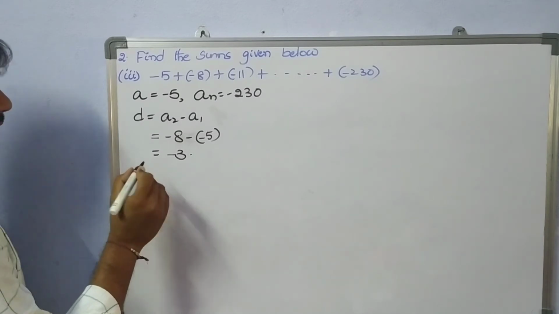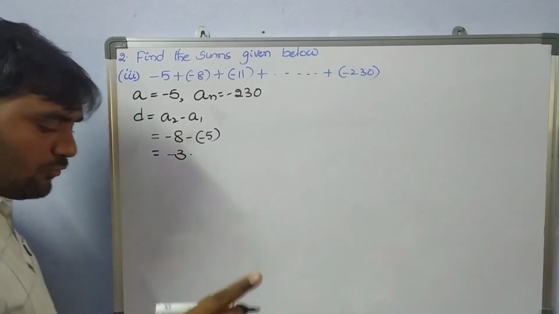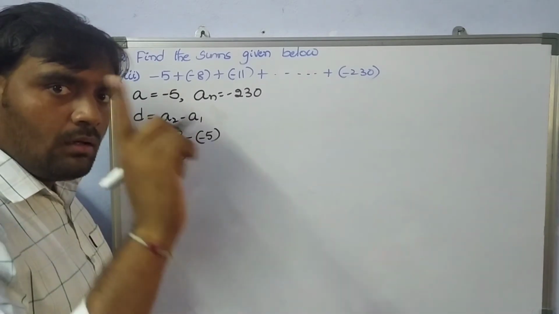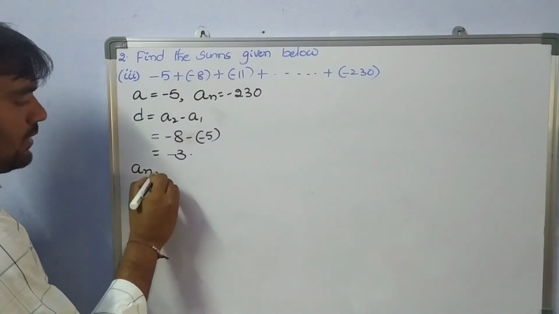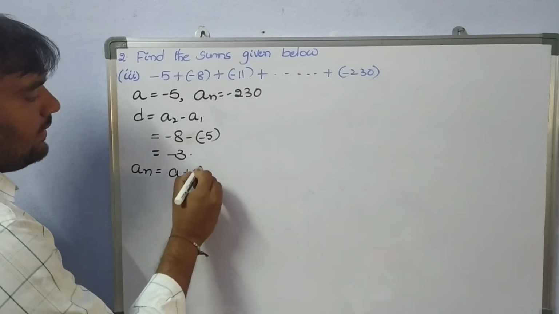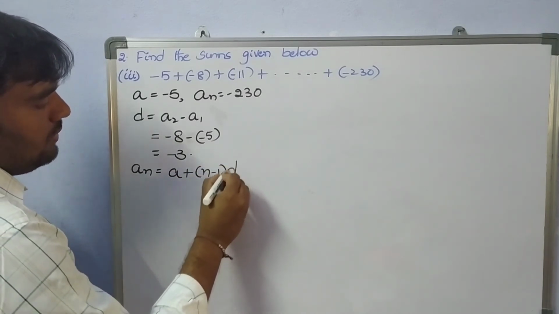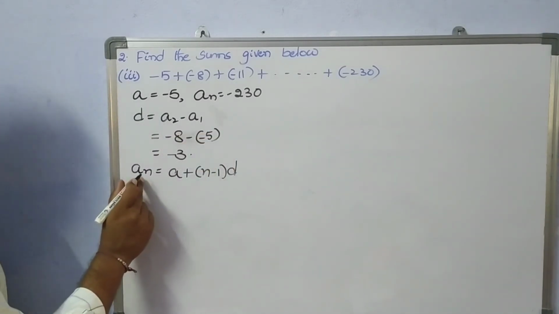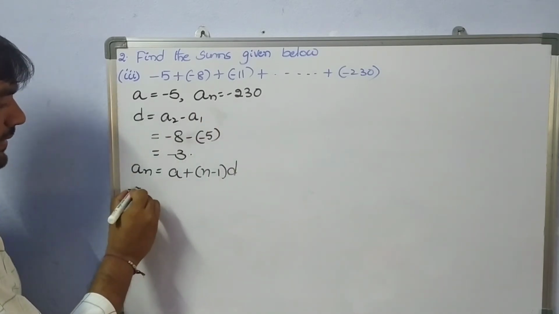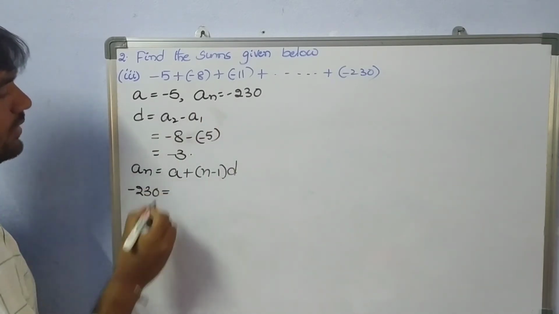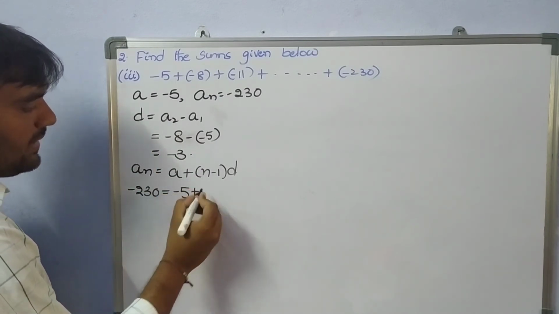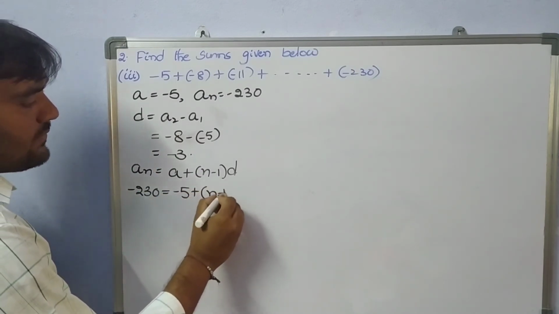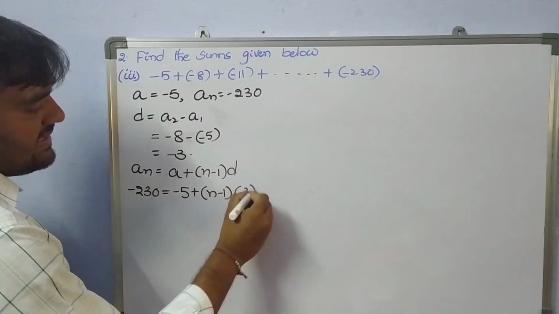After that we need to find n. To find it, we have to use the nth term of an arithmetic progression, that is an is equal to a plus (n minus 1) into d. So here an is minus 230, which is equal to a value minus 5 plus (n minus 1) into minus 3.